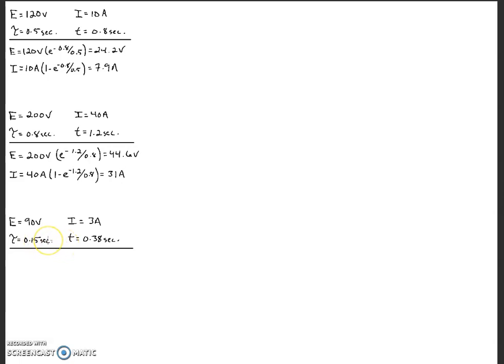Tau is 0.15 seconds, and 0.38 seconds is where we're at. Pause now. And the answer, assuming that what I've done is correct, is 7.1 volts and 2.7 amps. And that is it for e.